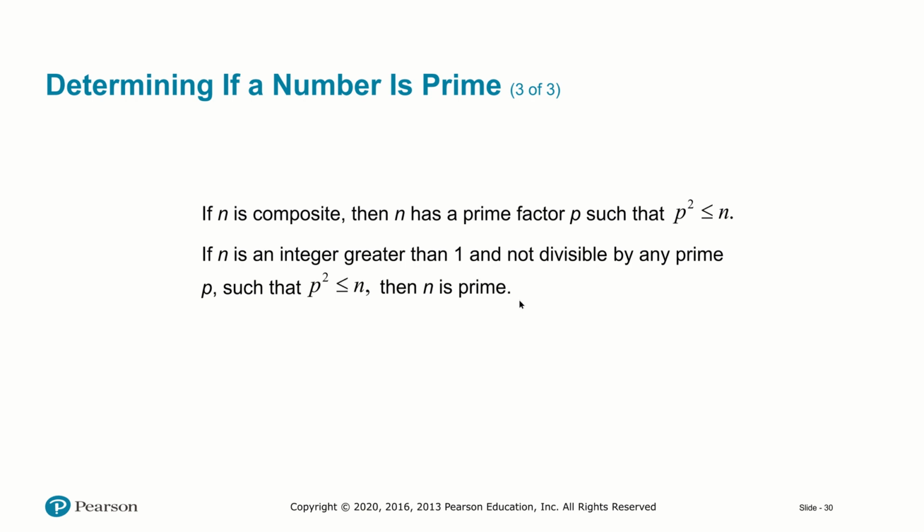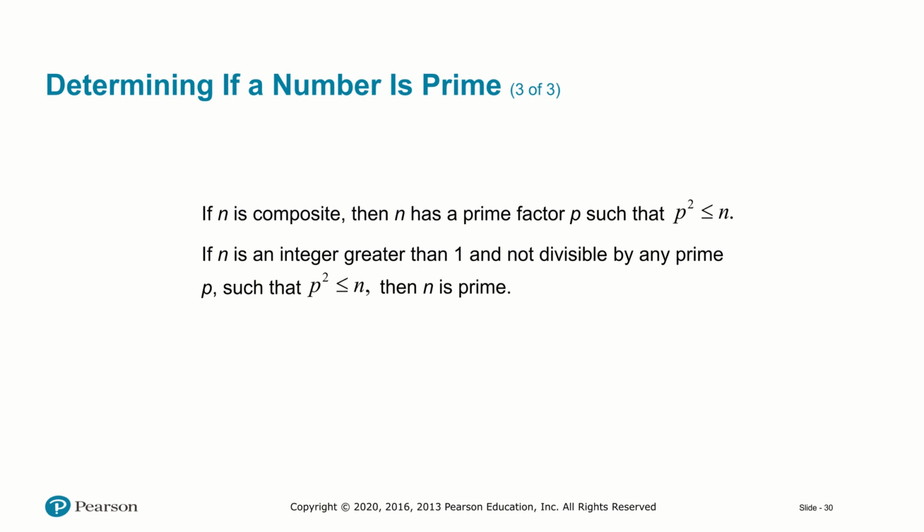So this is really kind of nice and interesting, because what this tells me is that if I want to check, for example, if a number larger than 1 is prime, all I have to do is basically look for a prime less than or equal to its square root. That's what it boils down to.